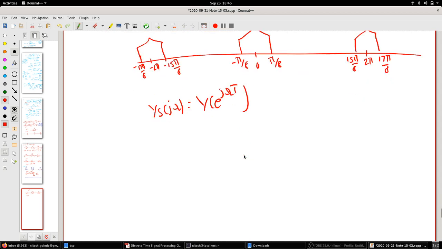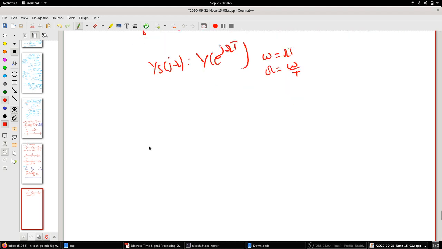When you substitute omega equal to omega t, you get your Ys of j omega. So the conversion is omega will be omega by t.